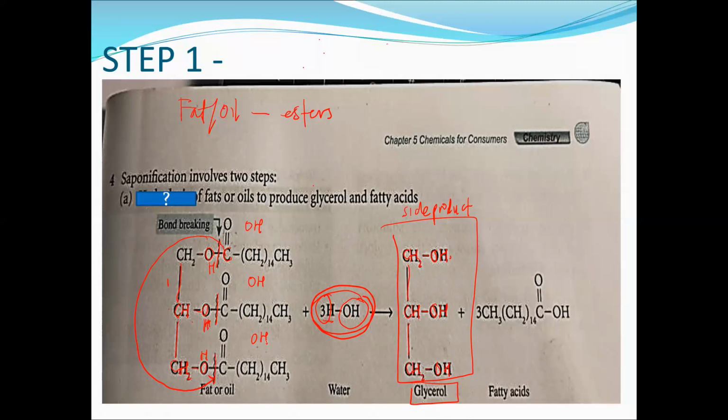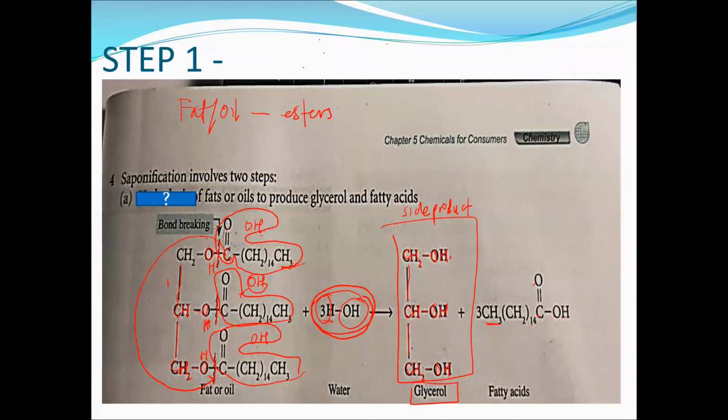I'm going to show you what I'm going to get. I got CH3, so CH3 in bracket, CH2 bracket 14, COOH. If you notice, I got COOH, COOH. And how many of it do I have? I've got 1, I got 2, and sorry, the OH must be here, and I've got 3.